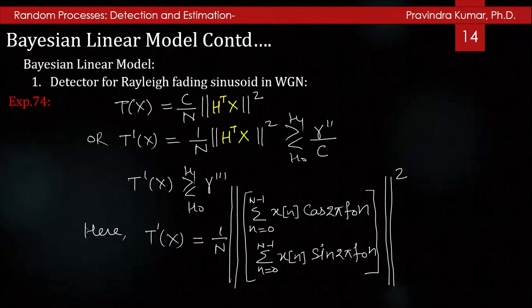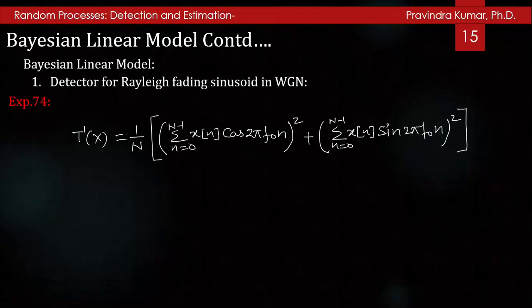Or you can write the test statistic T dash X as 1 by n and the square of the Euclidean norm with elements summation n0 to n minus 1 xn cos 2 pi f naught n and summation n0 to n minus 1 xn sin 2 pi f naught n.